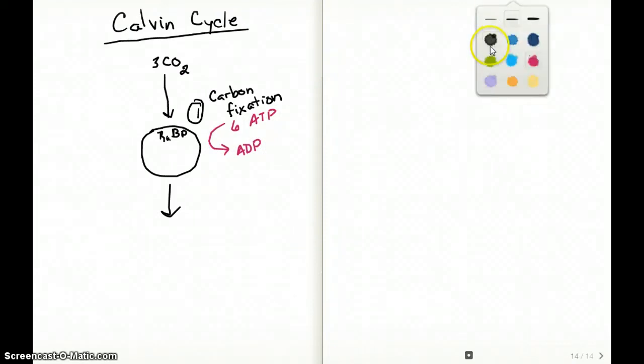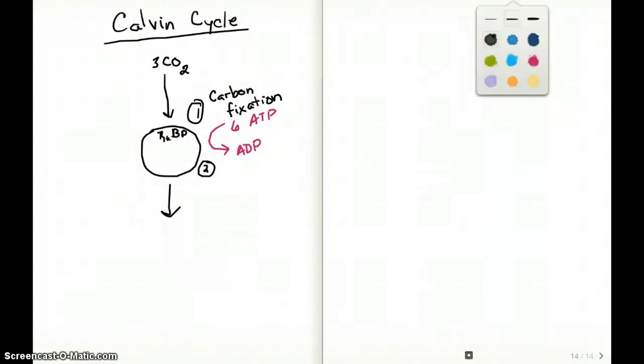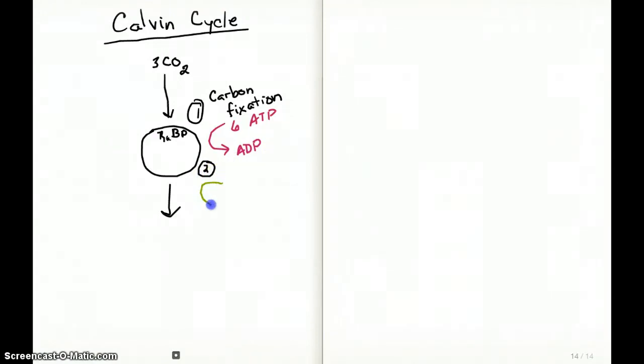We're also then going to go into our second step, and with the second step we're going to need some of our 6 NADPHs, and those are going to be reduced down to NADP plus.